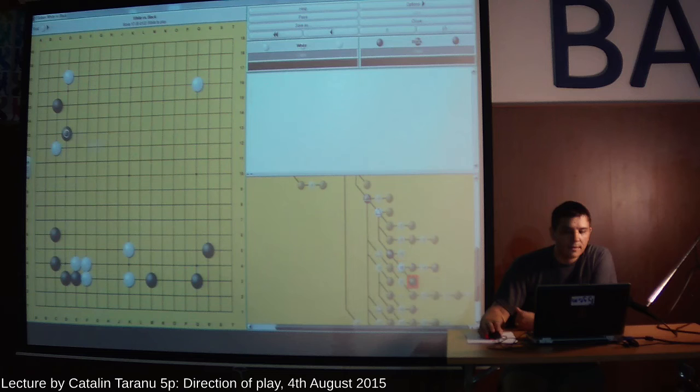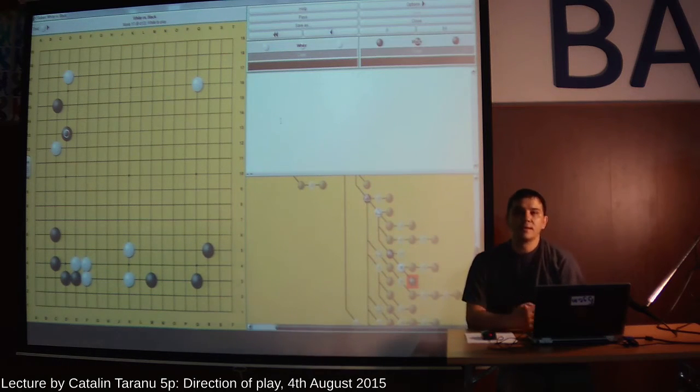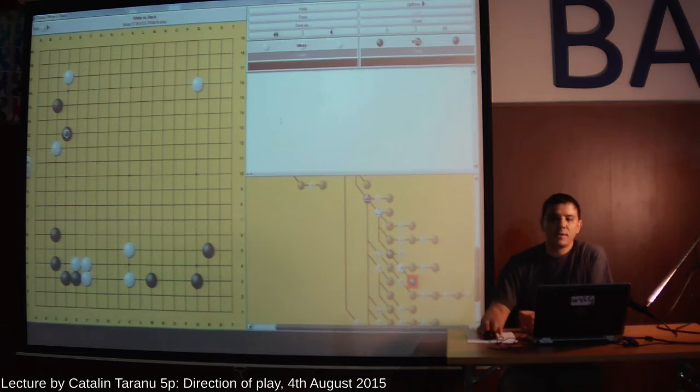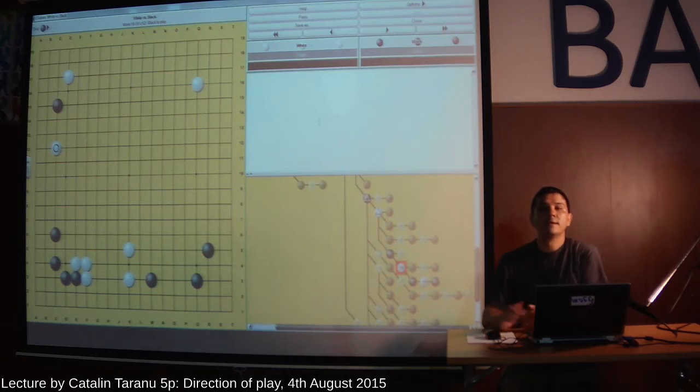Yeah. This one? Yes. It is a better feeling already because we want white to put stones in this area where it's not interesting, and we want to play on the upper side where it's more interesting. So this is already getting to a better feeling.